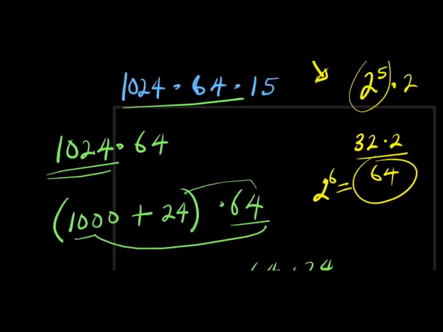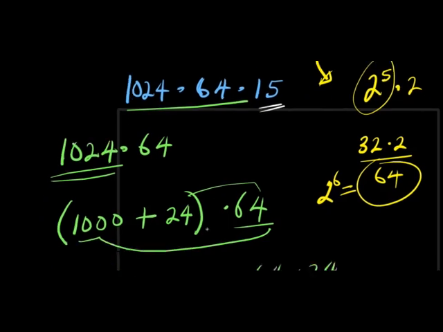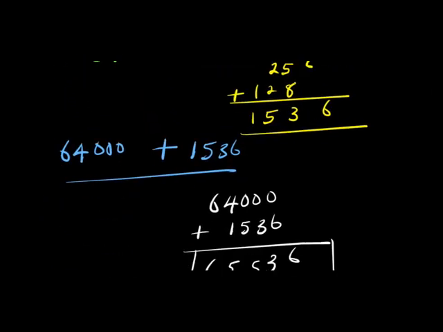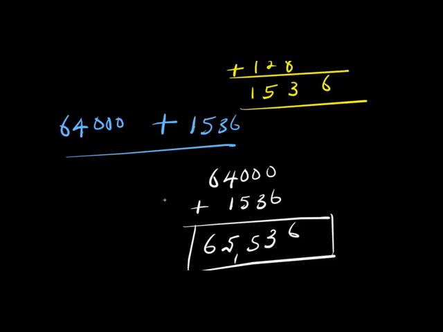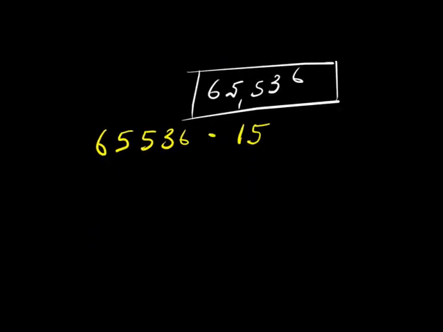Remember, we are going to multiply that with 15. So we have 65536 times 15. So let's multiply this out. 65536, 15.